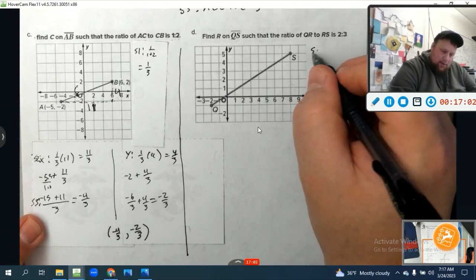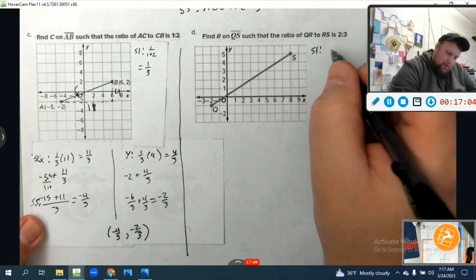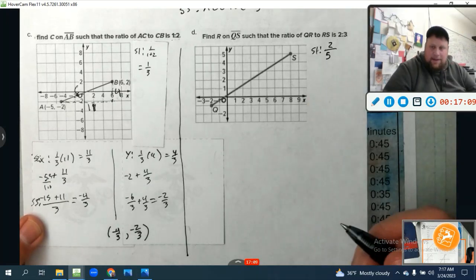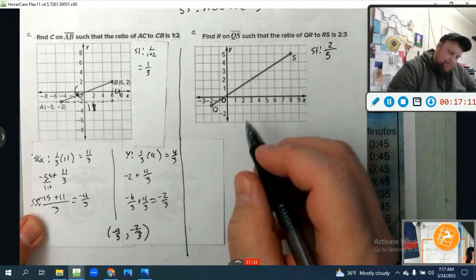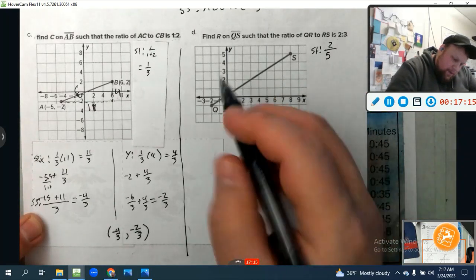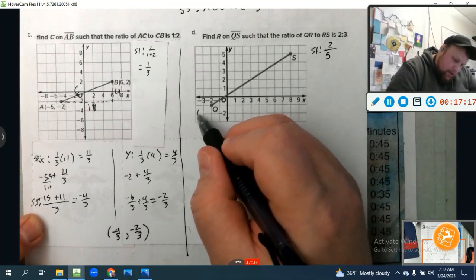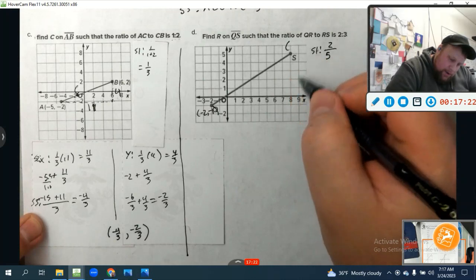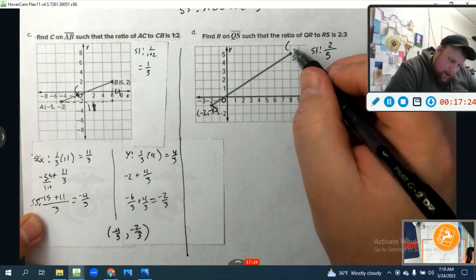So again, step 1 is going to be what? 2 over 2 plus 3, which is just 2/5. That makes sense to everybody. You can do that in your head. Okay? Need to label the coordinates here. Now notice everything's grown by 1 now, so let's keep that in mind. So this is really -2, -1. And up here is really what? 8, 5.